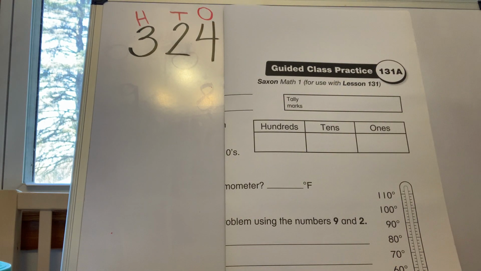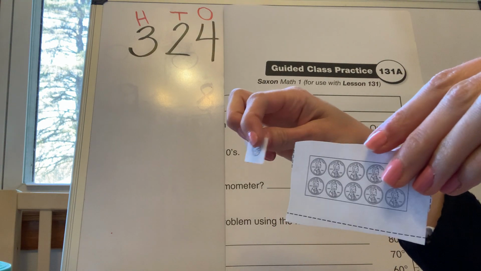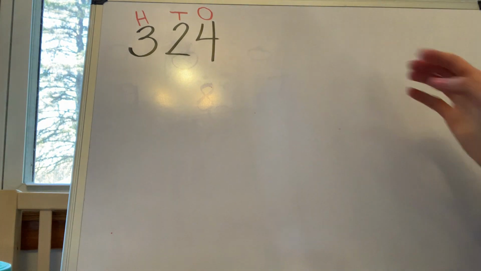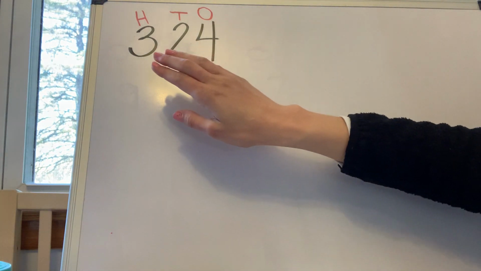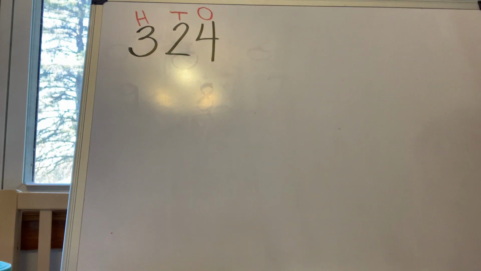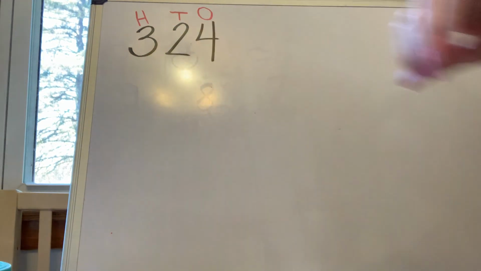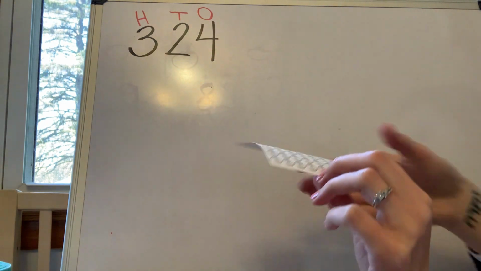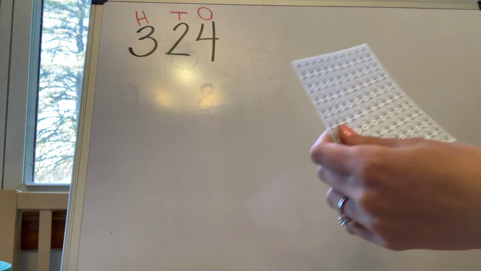Now, my sweets, you don't have your other little things at home, your little 10s and 1s. So what I want you to do is just watch me because you'll get it just by watching me. So I'm going to take this chart down and we're going to show 324 using our pennies. So if the 3 is in the hundreds place, I need to grab my 100 pennies and start putting those up.